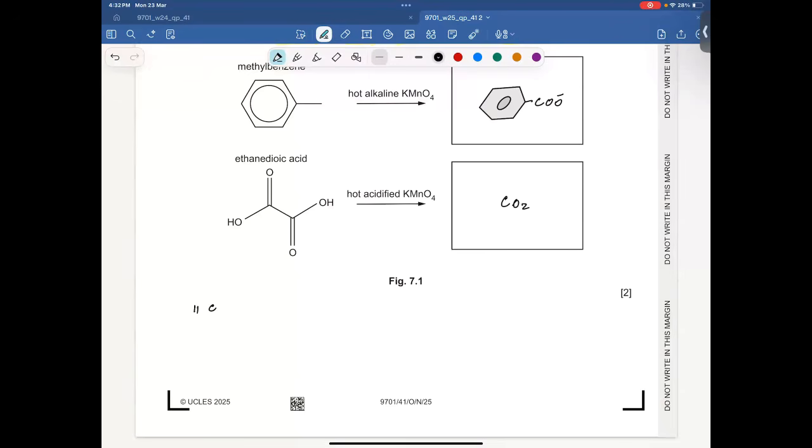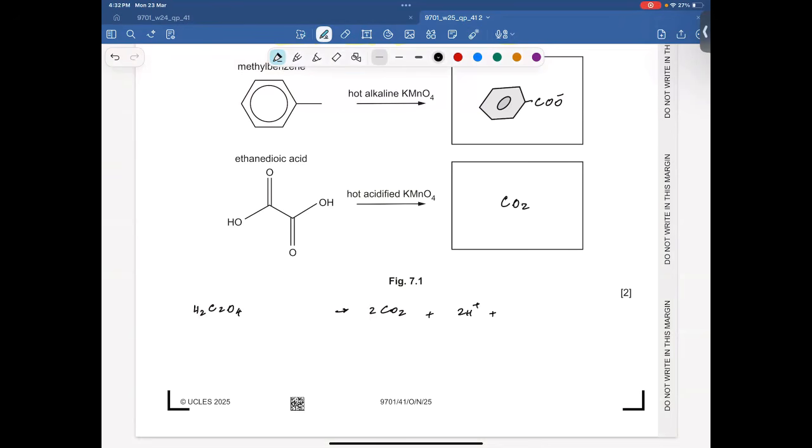This is H2C2O4. It is converting into carbon dioxide. How many carbon atoms here? 2. Put 2 here. How many oxygen atoms here? 4. So this is 4 oxygen atoms. How many hydrogen atoms here? 2. So I will put 2 hydrogen ions here.